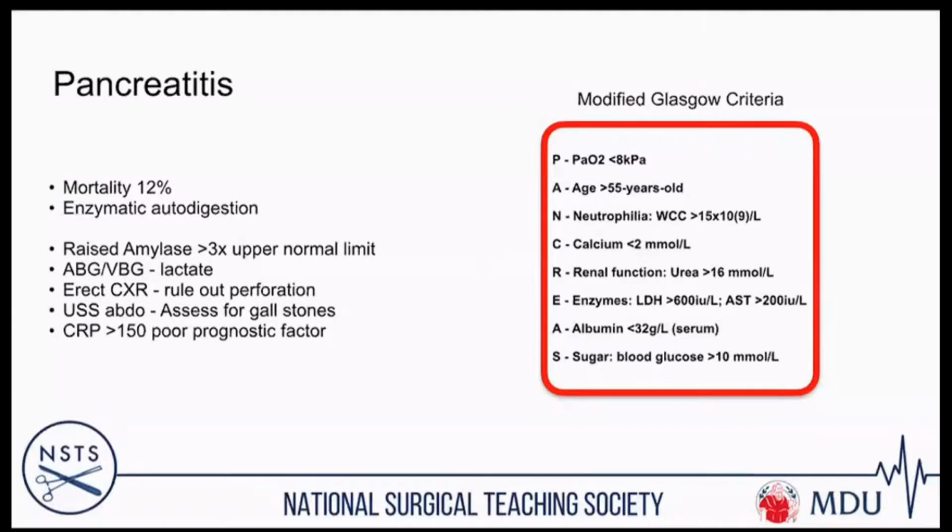An interesting note about the calcium, why it becomes low: it depends where you look, really, but it seems to be because the digestion of lipids, the saponification, uses up a lot of calcium, and it's often a pretty good marker of how severe the pancreatitis is, by how low the calcium is, rather than the amylase, which is your traditional way of marking out pancreatitis. How high the amylase is doesn't necessarily reflect how bad the pancreatitis is.